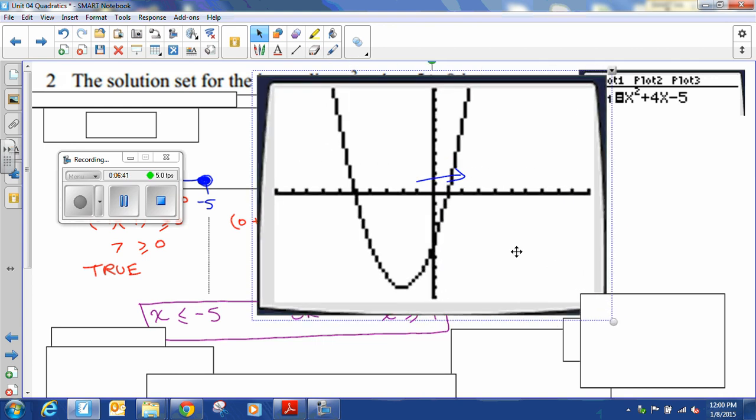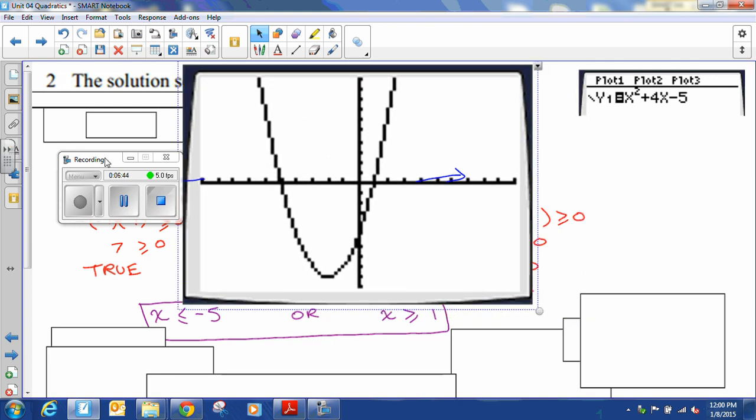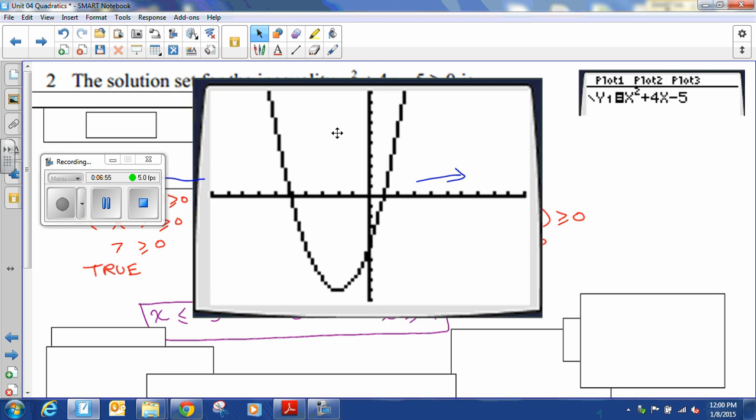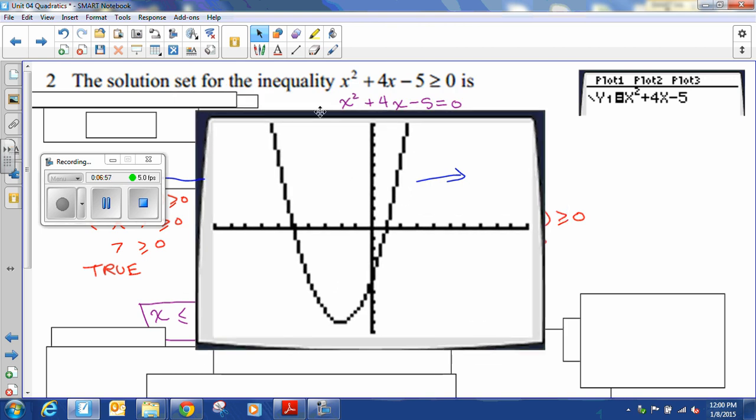Here's your parabola, and I want you to take notice that the roots are consistent. Here's negative 1, 2, 3, 4, 5, see negative 5, and positive 1. Now, think back to what the question asked. The solution set for the inequality x squared plus 4x minus 5 is greater than or equal to 0. So where is this parabola greater than 0? In other words, where is it above the x-axis?